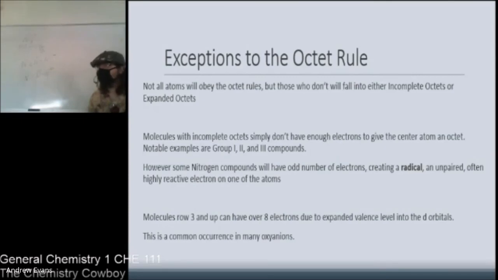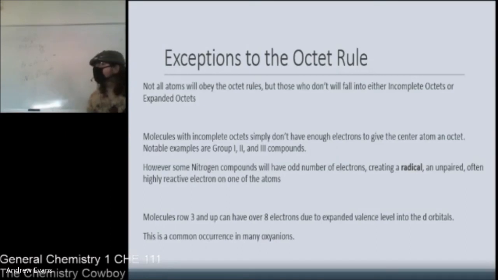Fluorine, not going to happen because they have 2p. There is no 2d. We stop at 2p and then we go on to row 3. So all the atoms we have been dealing with so far had a row 2 element as the center atom, so we haven't had to deal with this.